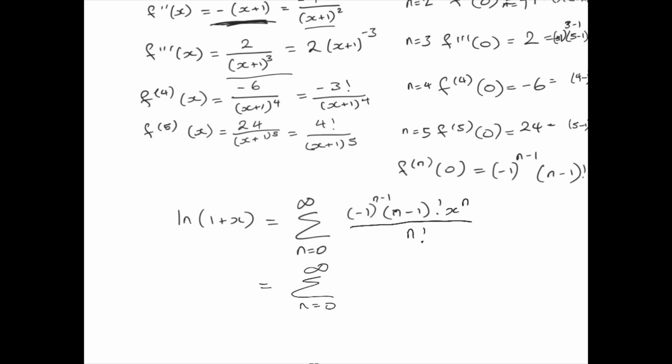What can we do? An n on the bottom. And then we've got negative 1 to the n minus 1 over n, times x to the n.